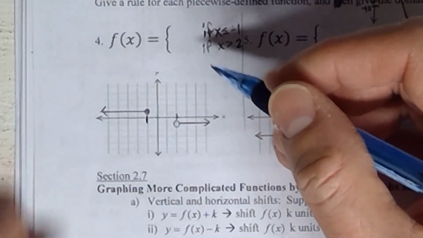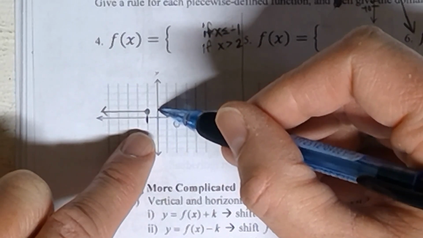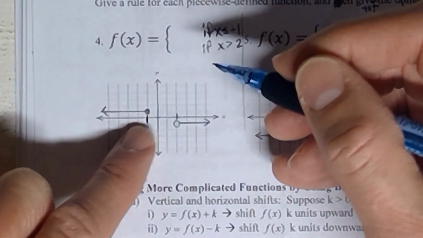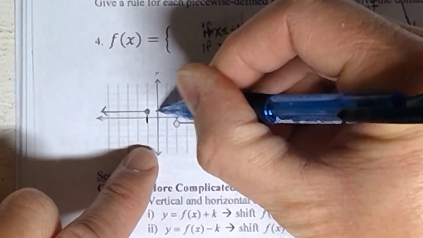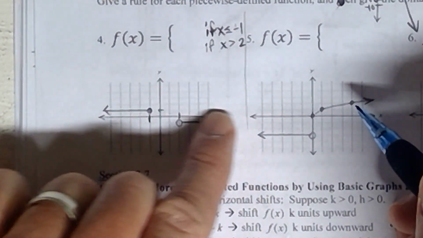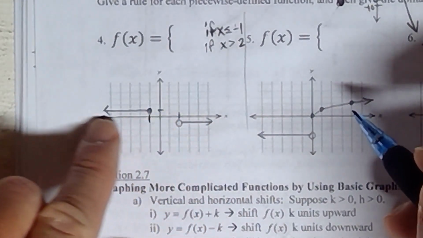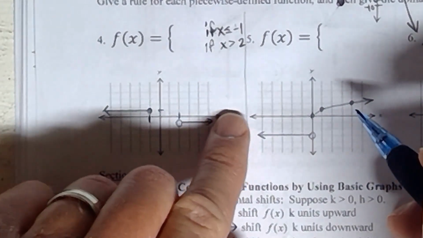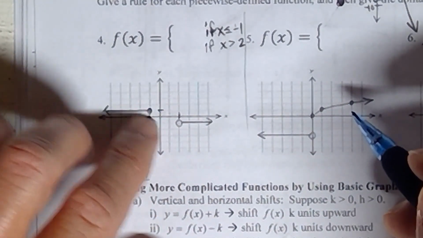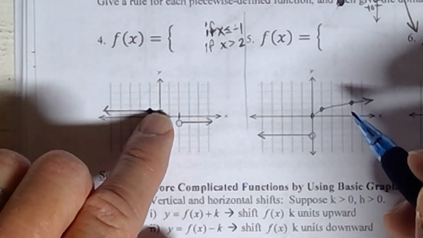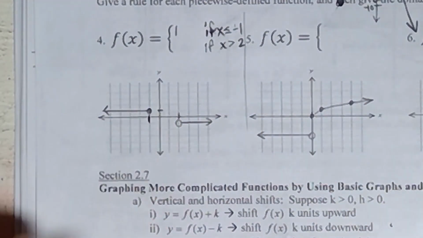All you got to do in order to figure out what those constant numbers are is figure out what the y value is there. Okay, so in other words, if the line goes parallel to y equal to 1 right here, in other words, if you were to graph this entire line, it would go through y equal to 1. Since it goes through y equal to 1, that means that this first piece right here is just equal to 1.